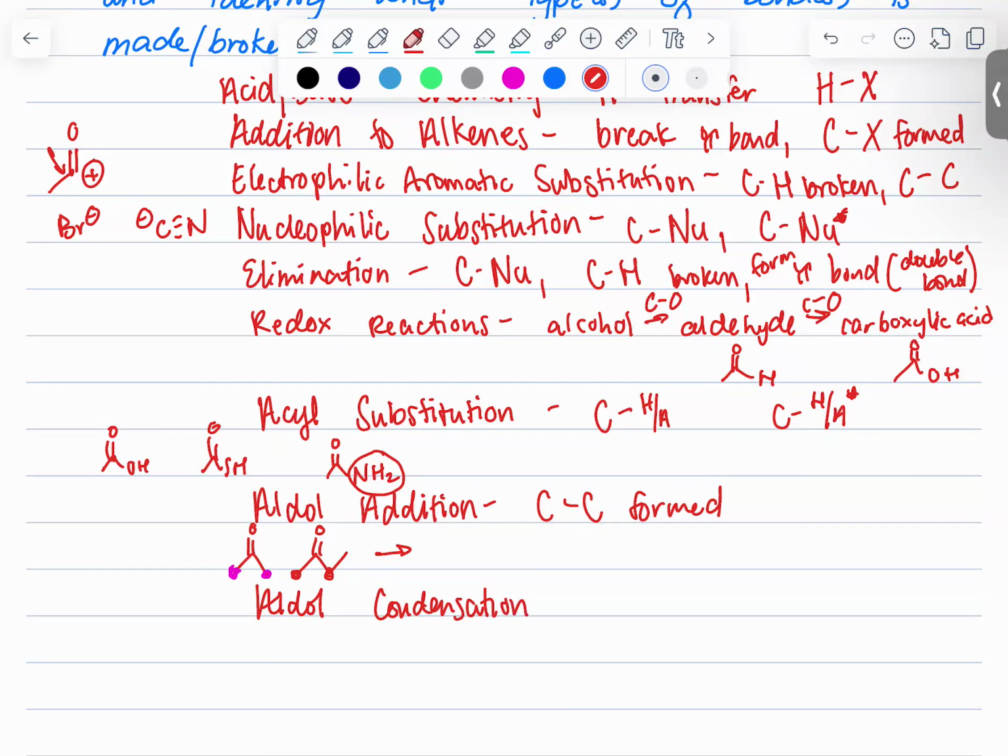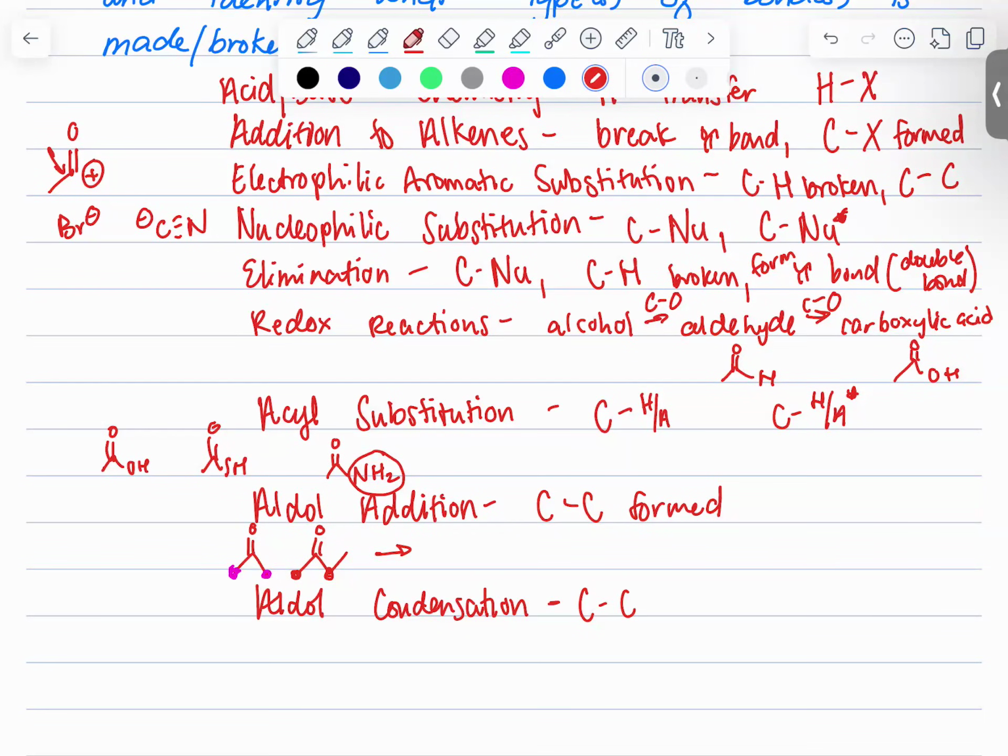So now, aldol condensation. What is the first half of aldol condensation? Yeah, it's basically just aldol addition. So we'll still have that carbon-carbon bond formed. But how does condensation go beyond aldol addition?